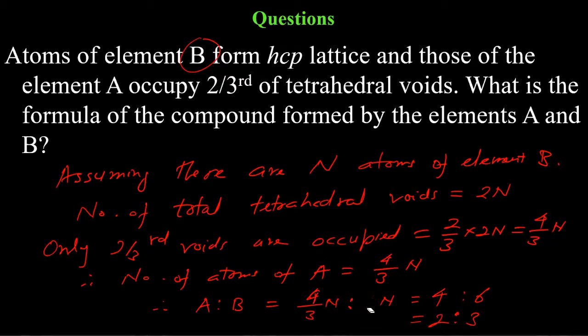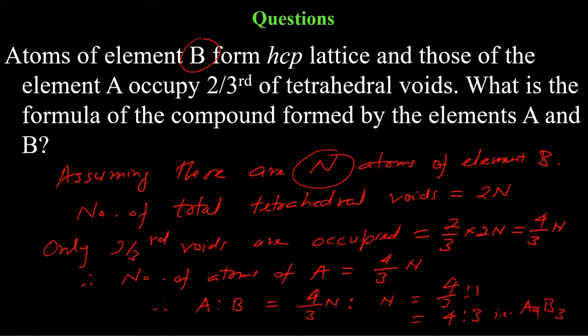Okay, it will be n, not 2n, because B is n. That is 4 by 3 is to 1, that is 4 is to 3. That is A4B3. That will be the correct answer. A4B3.